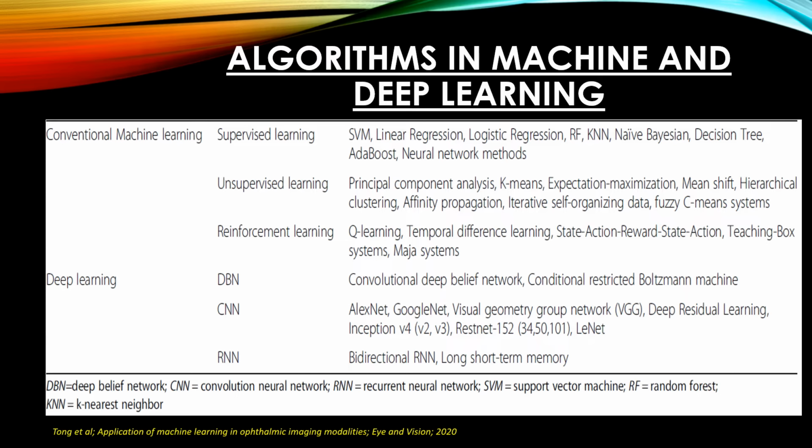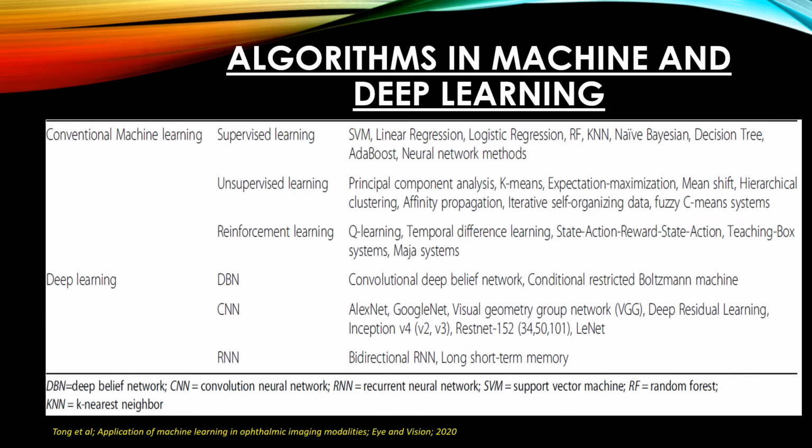In reinforcement learning we've got Q learning, temporal difference learning. Then in deep learning, we have the deep belief networks and the convolutional deep belief network, then convolutional neural networks like AlexNet, GoogleNet, visual geometry group network, deep residual learning, and so on and so forth. And we have some recurrent neural networks which work on a feedback mechanism.